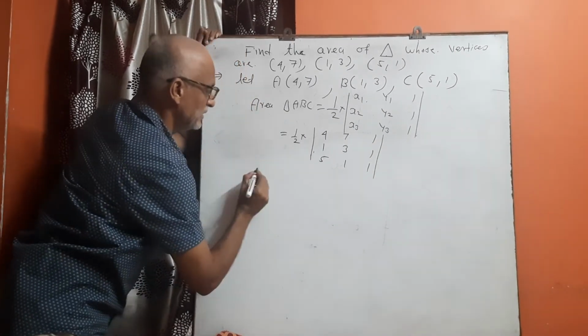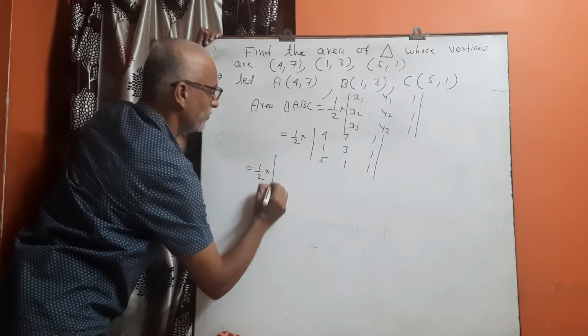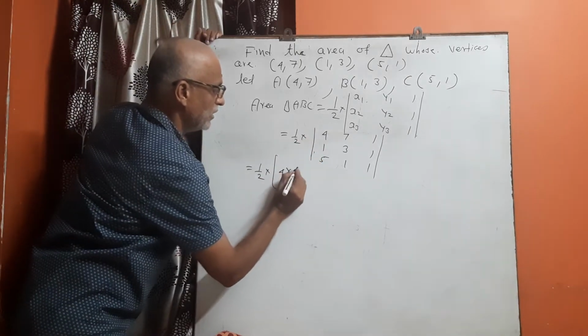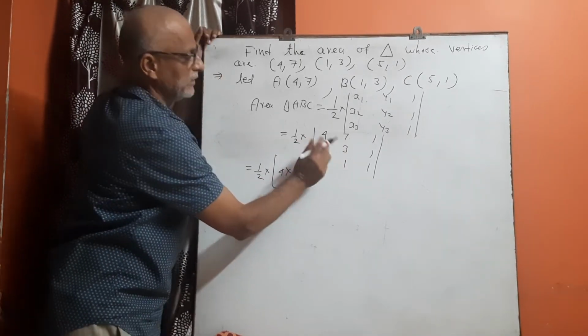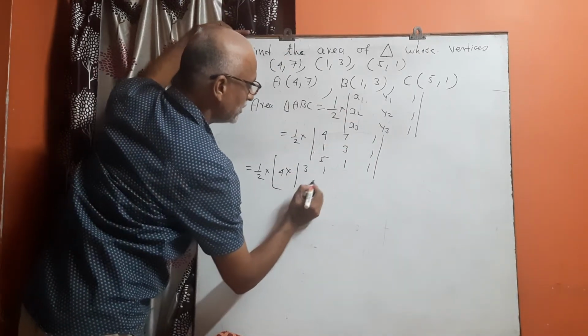Now simplified, it is equal to half into, now 4 into determinant of, ये गया आपका, 3, 1, 1, 1.